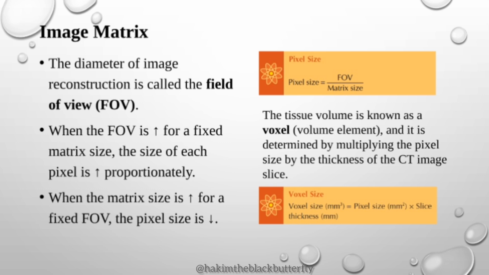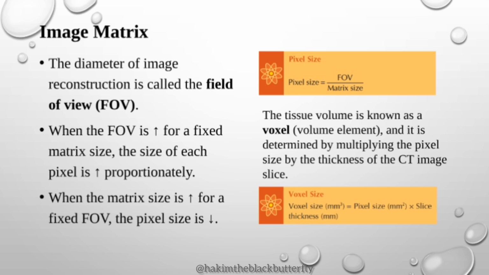If you want a small field of view, you can make it small and truncate most of the anatomy, maybe if you are interested in displaying only a kidney. You can use a small field of view during scanning, and then the system will truncate all other information and only give you the kidney on your display.